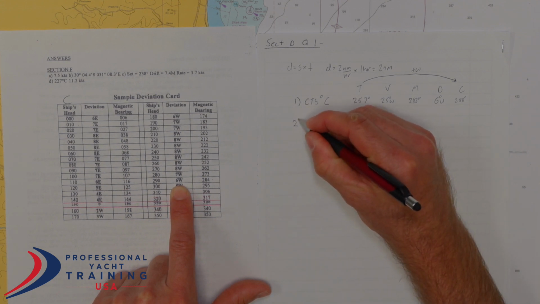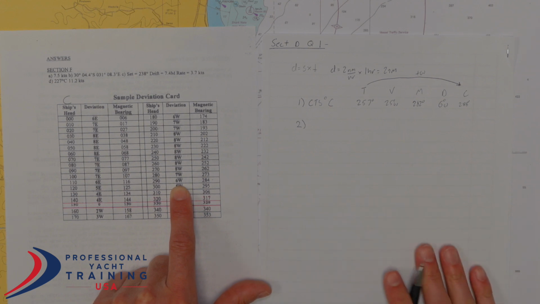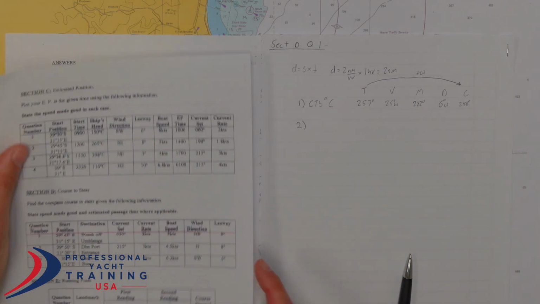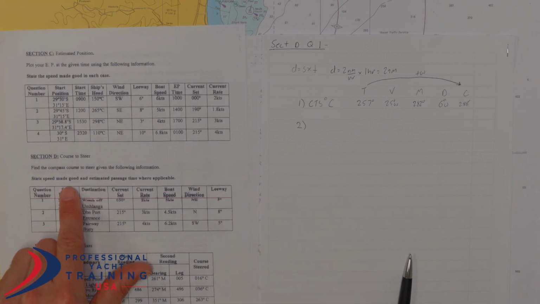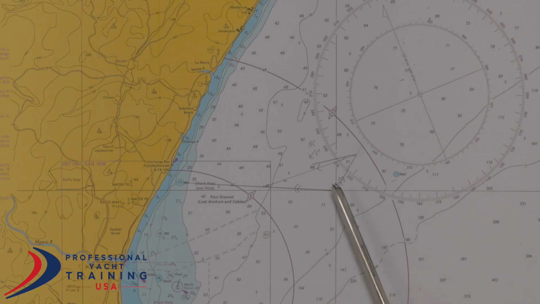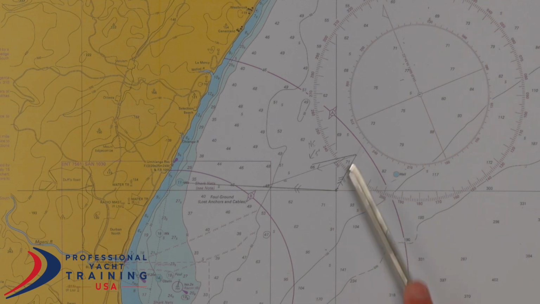Answer number 2. They're also going to ask you for your speed made good. Back here on section D, we need speed made good. So our boat speed, 5 knots, was on the water track. Our current speed, 2 knots, was on the current vector.